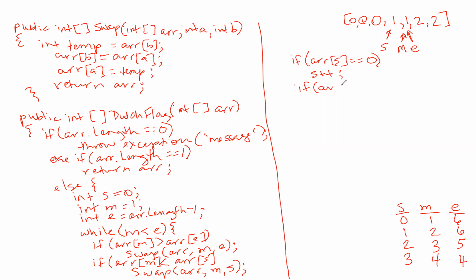And if array at E is equal to 2, we want to do an E minus minus. And if M is equal to 1, we want to do an M++. And if M is less than or equal to S, we want to do an M++. This just keeps us from getting stuck with having all ones in the middle. We need to keep M moving along.